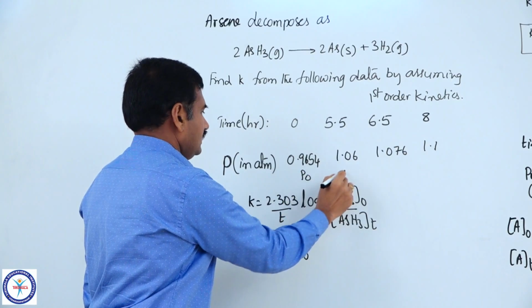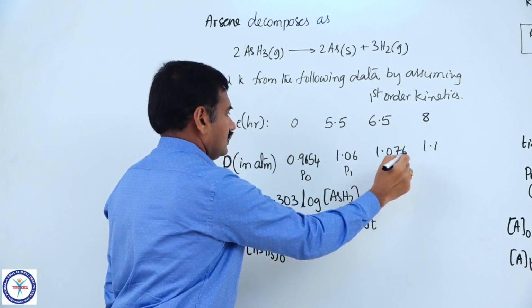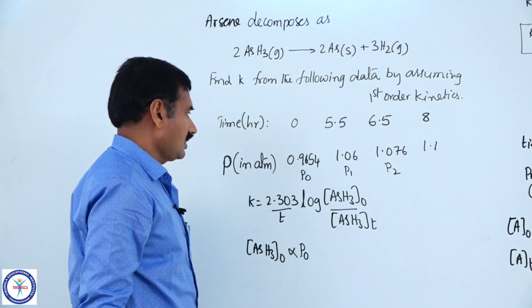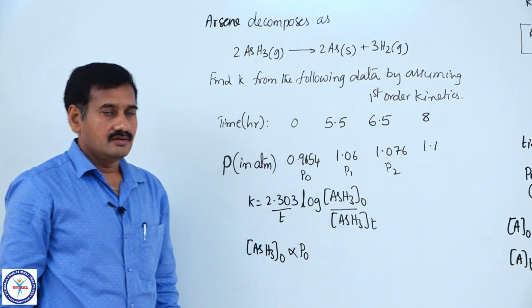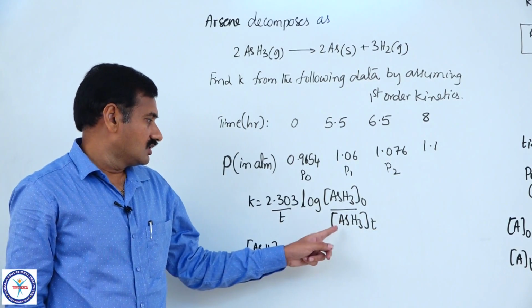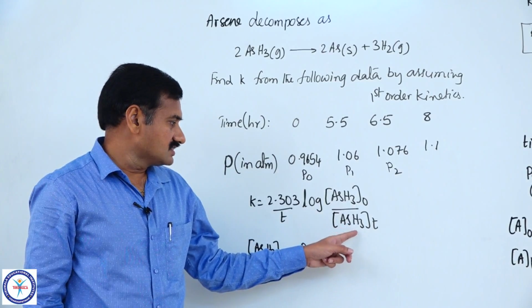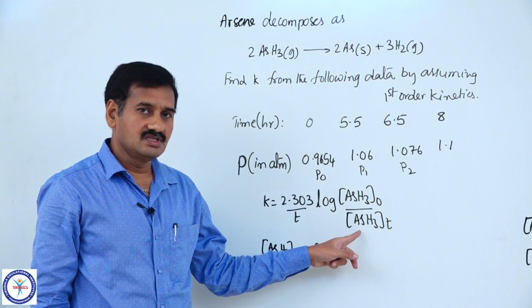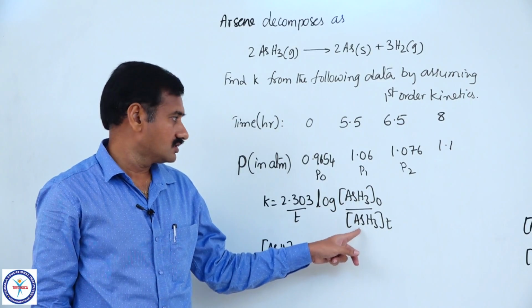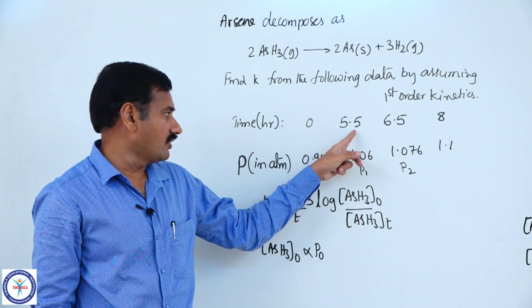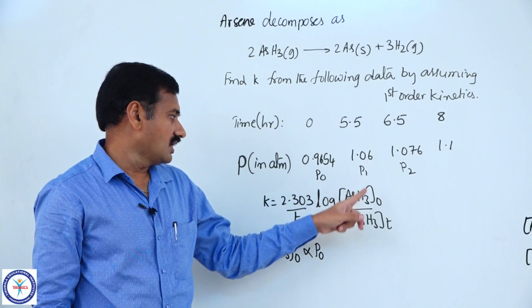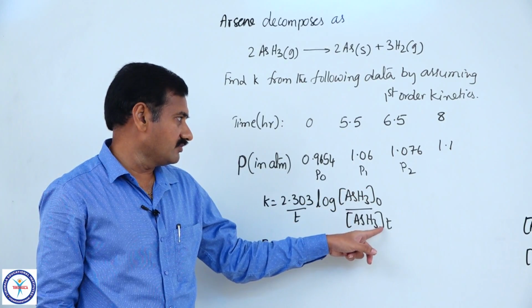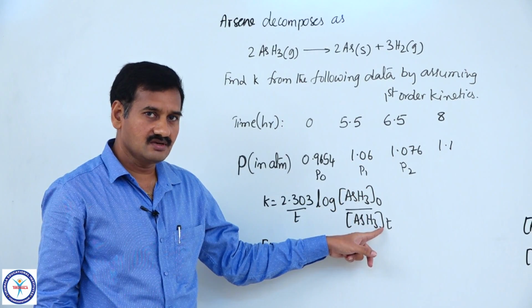This is P naught, it is P1, P2 and so on. And what about concentration of arsine at time t? It is proportional to what? Is it proportional to Pt alone? Means at a time 5.5 minute, P1 and arsine left at a time t are directly proportional to each other?